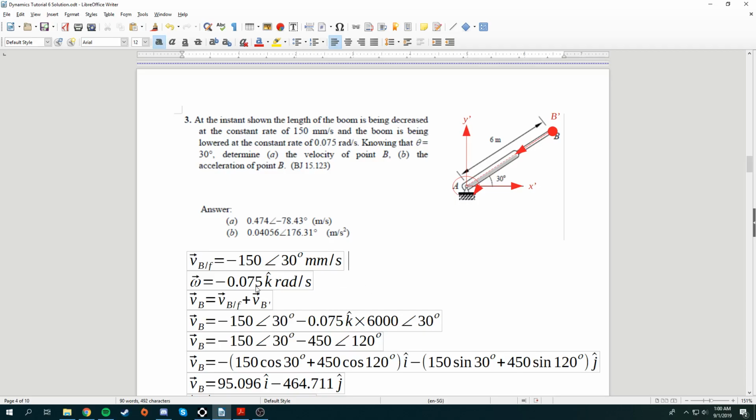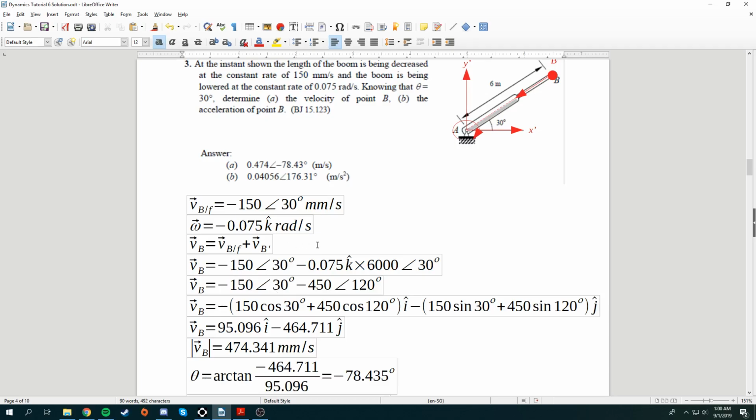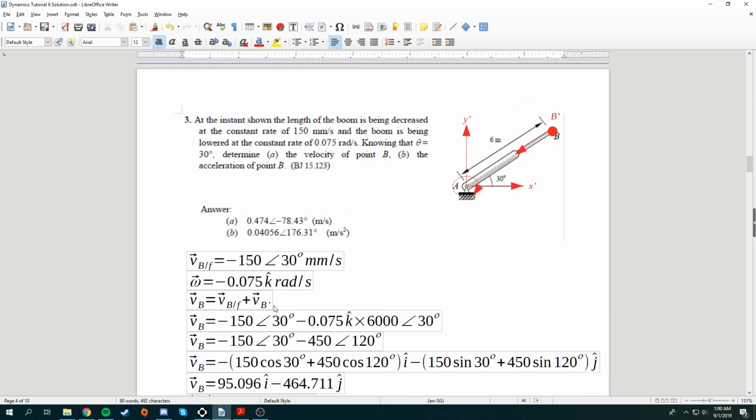Alright. So to find the velocity of B, we can express it as the velocity of B in the reference frame plus the entrained velocity, which is that of B prime, the imaginary point B prime. So we have VB from the frame, we have omega, and we know the distance of B prime to the absolute frame.